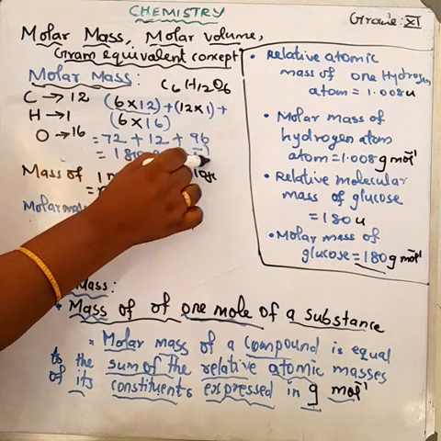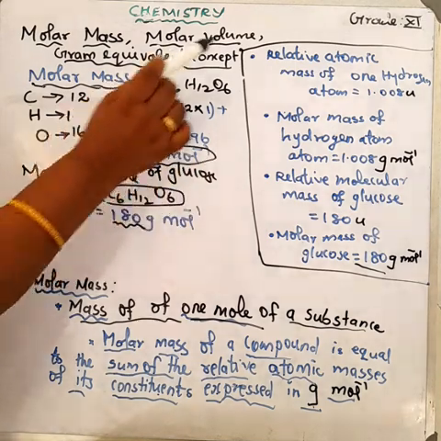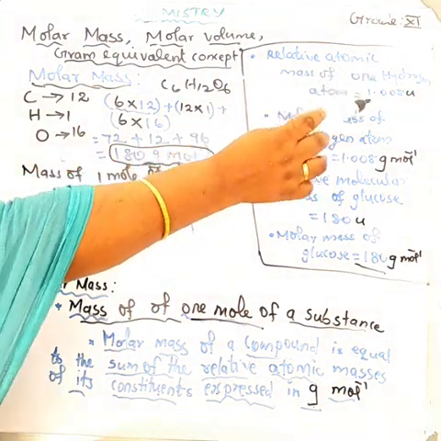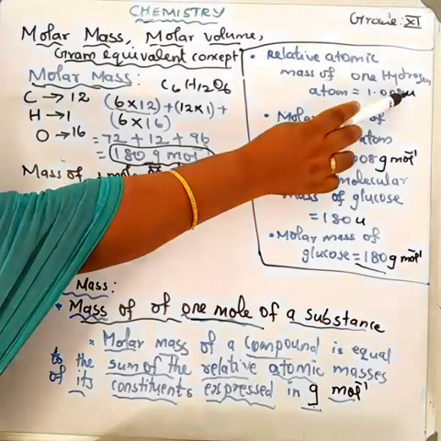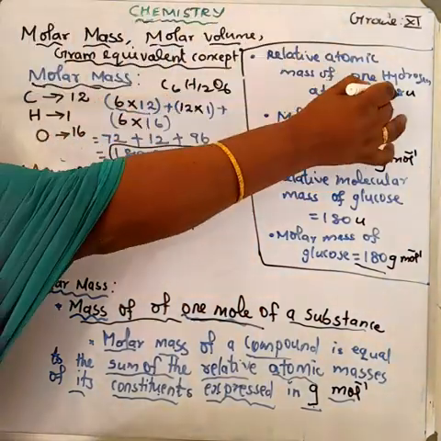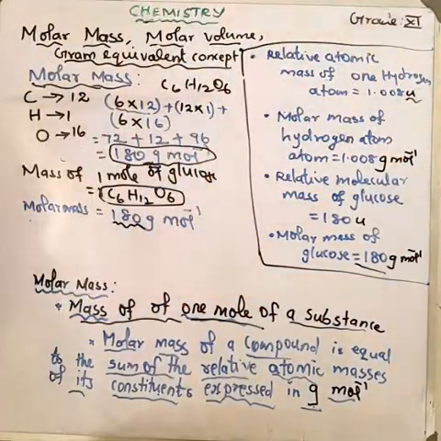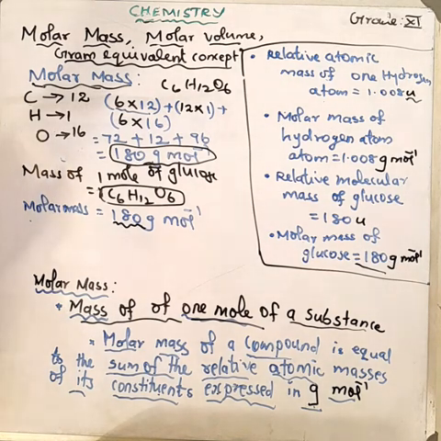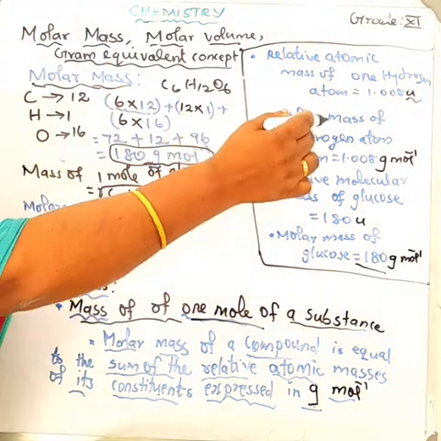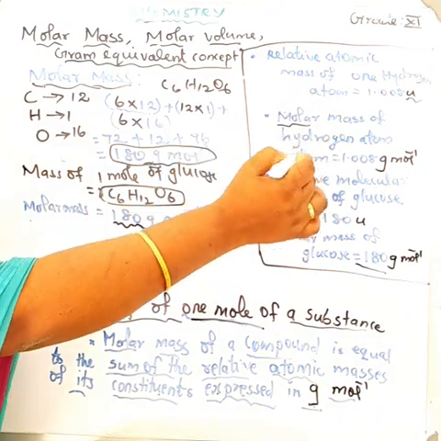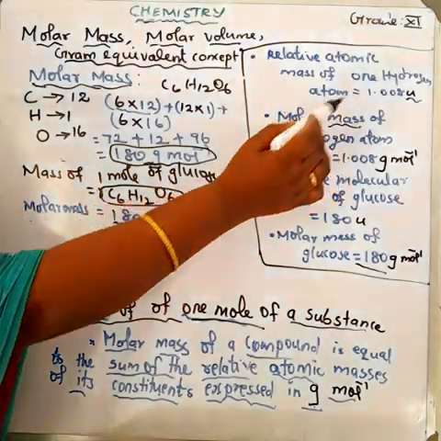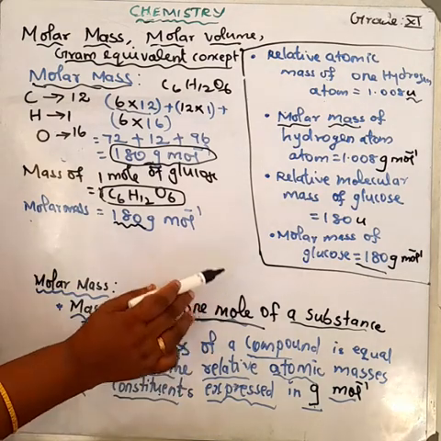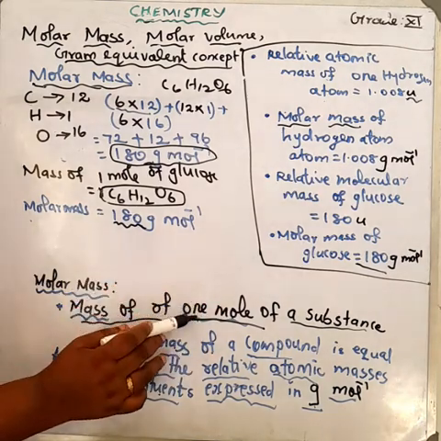For example, the relative atomic mass of one hydrogen atom is equal to 1.008 U. This is the relative atomic mass of one hydrogen. So what is the molar mass of a hydrogen atom? Molar mass means the mass of 1 mole of substance.